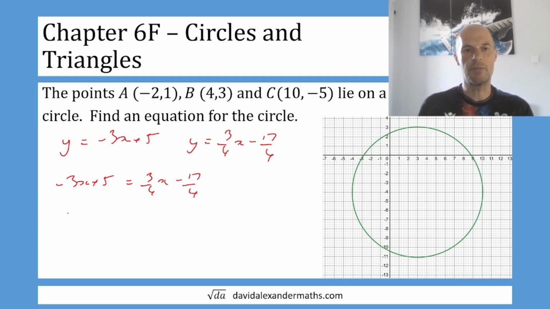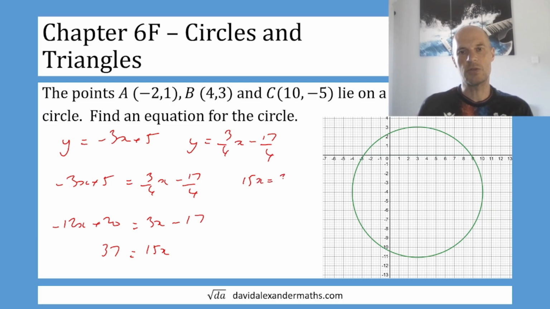I'm going to multiply through by 4, so minus 12x plus 20 equals 3x take away 17. I'm going to add 17 to both sides, and I'm going to add 12x to both sides. So therefore, if 15x equals 37, then x is 37 over 15.